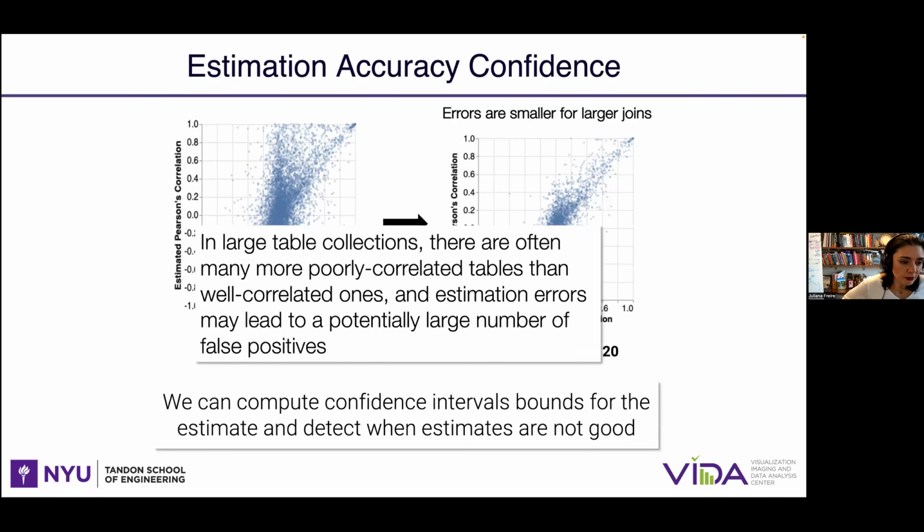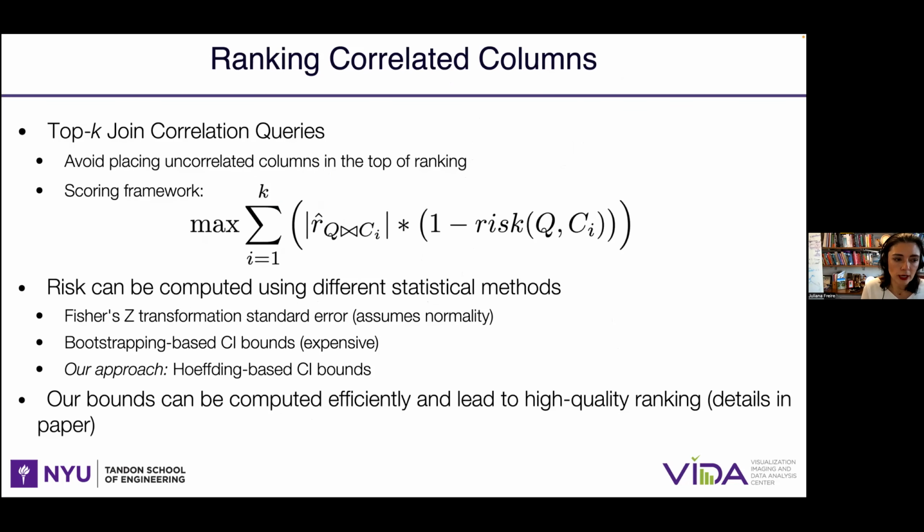We further investigated this problem, and one thing that we realized is that we can compute confidence interval bounds for the estimates that we give, and we can use this to detect when the estimates are not good. What we did was to use these bounds to rank the result set.